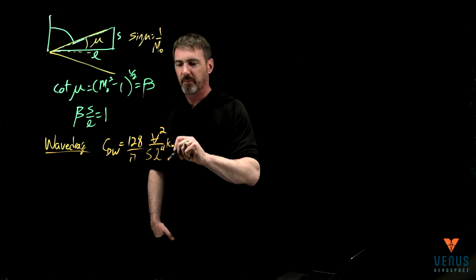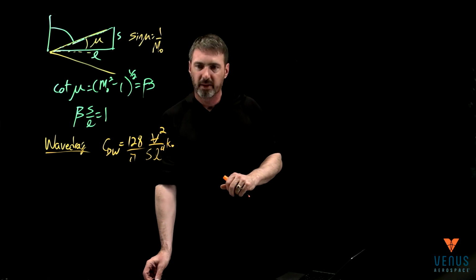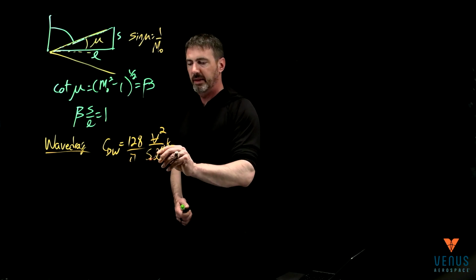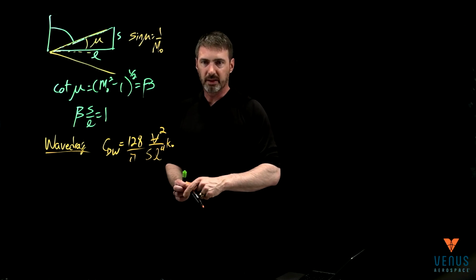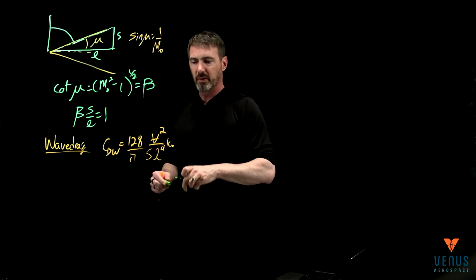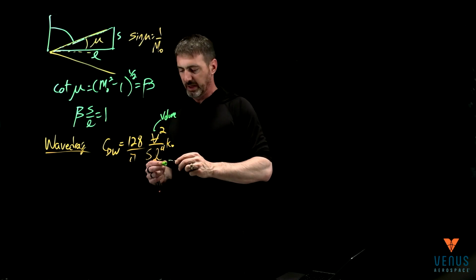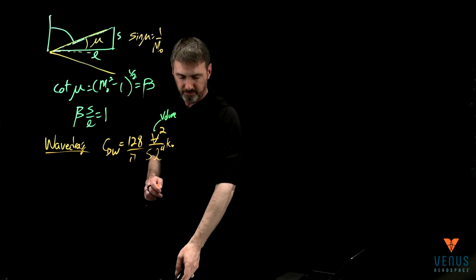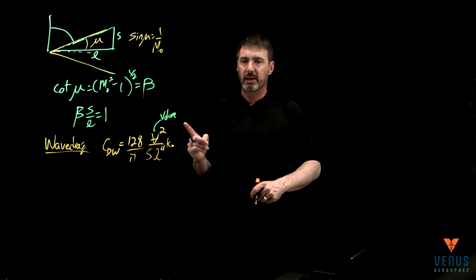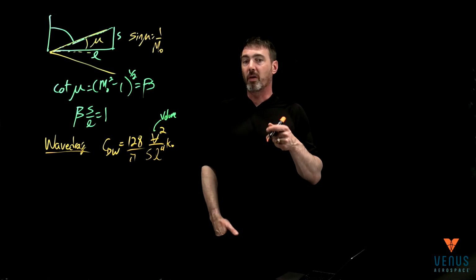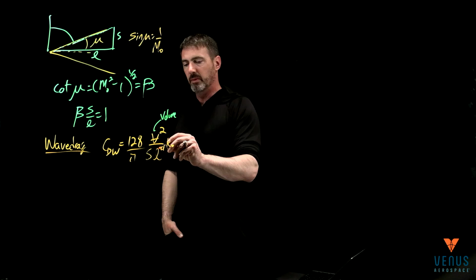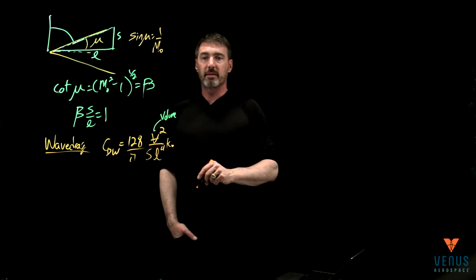Here we go. The important thing here is that this is the area, this is the area, V is the volume. Okay, this is volume. And so you actually have a very important relation, which is that the drag of the aircraft goes like the volume squared, and yes, over the length of the vehicle to the fourth.